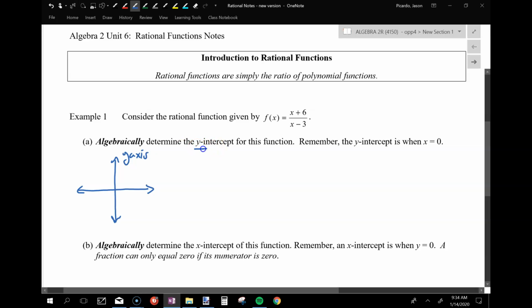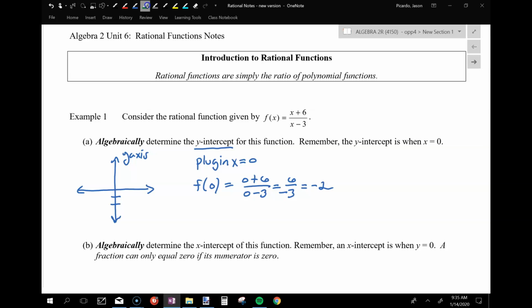So to get a y-intercept, we plug in x equals 0, right? So what is f of 0? It's 0 plus 6 over 0 minus 3. So we get -2, right? So where does this cross? It crosses at -2.